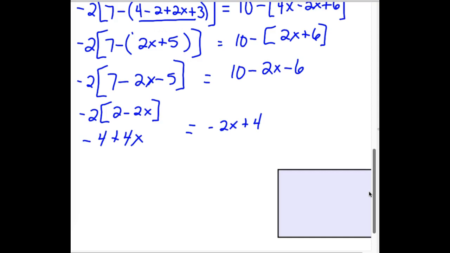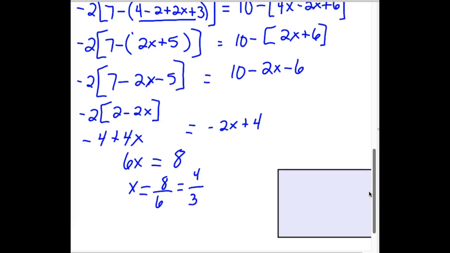So now we have the equation -4 plus 4x equals -2x plus 4. If we add the 2x over to the left side, we have 6x. If we add the 4 from the left over to the right side, we get an 8. And when we divide, we end up with 8/6, which reduces to 4/3.